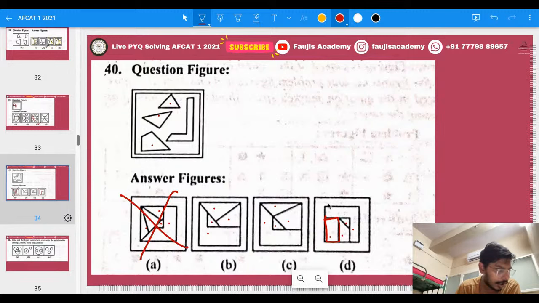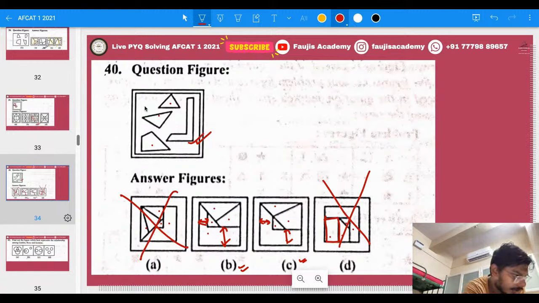We don't have a square or rectangle-like element anywhere, so this one is also gone. These two are close options. If you look more closely, this length and this length are pretty disproportional, and this length and this length are proportional, which is the L over here.